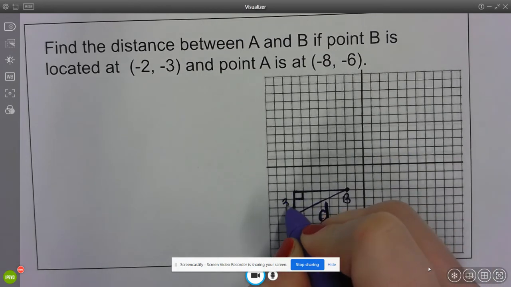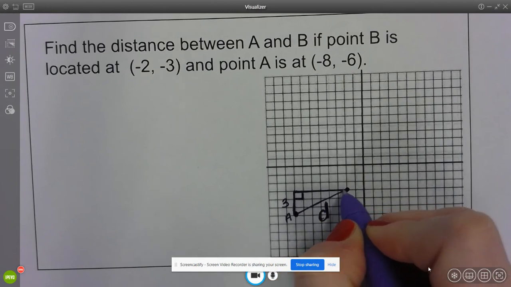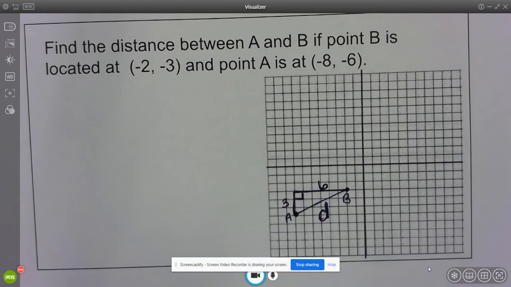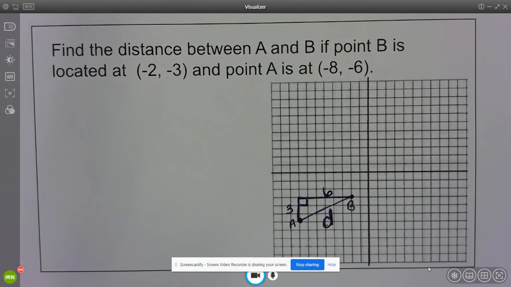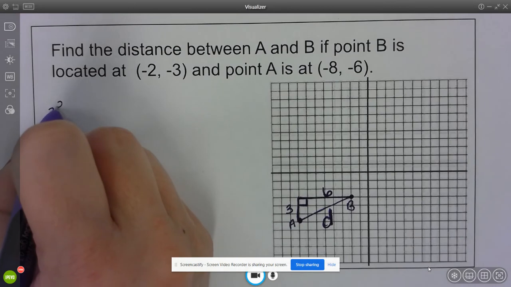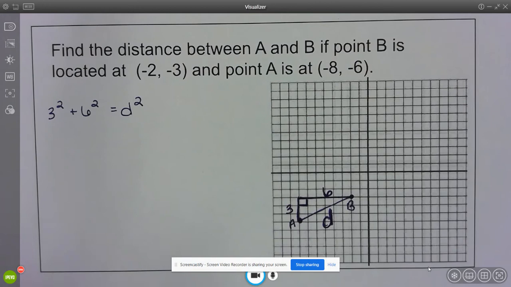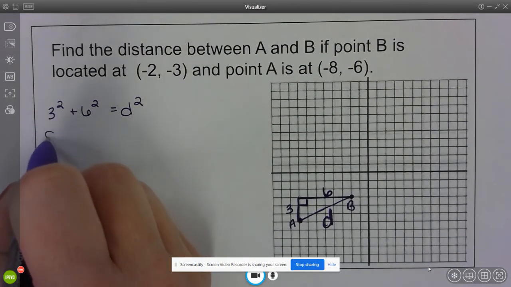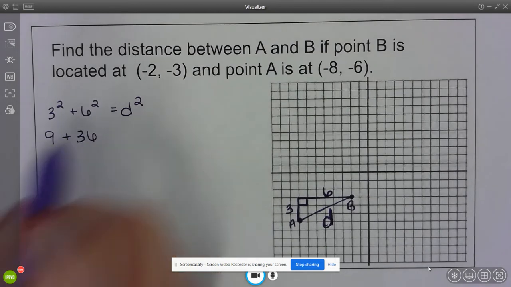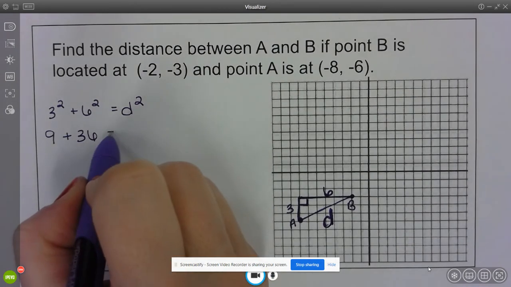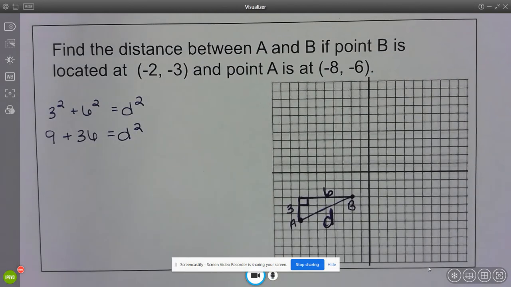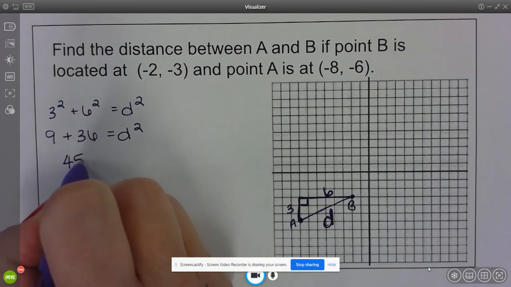So this is 3, and this is 6. So I have 3 squared plus 6 squared equals D squared. So this is 9 and 36 being d squared, which gives me 45.